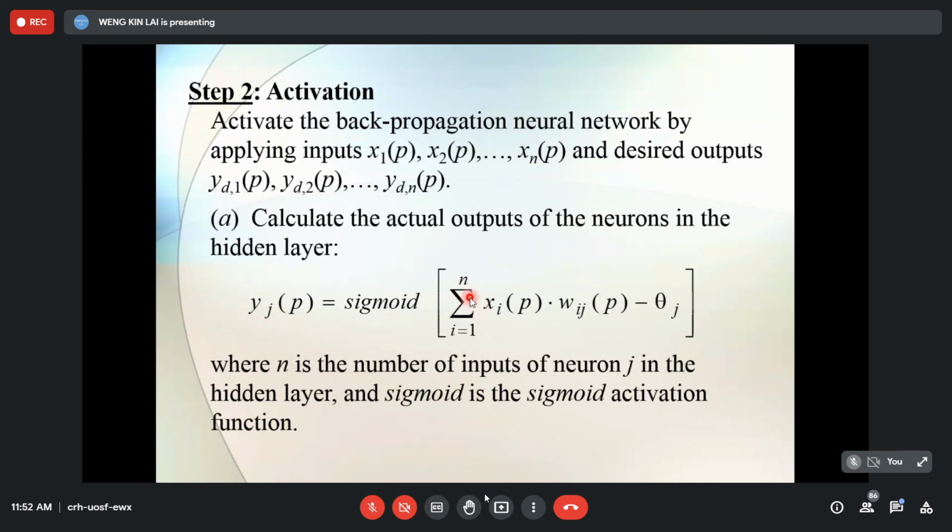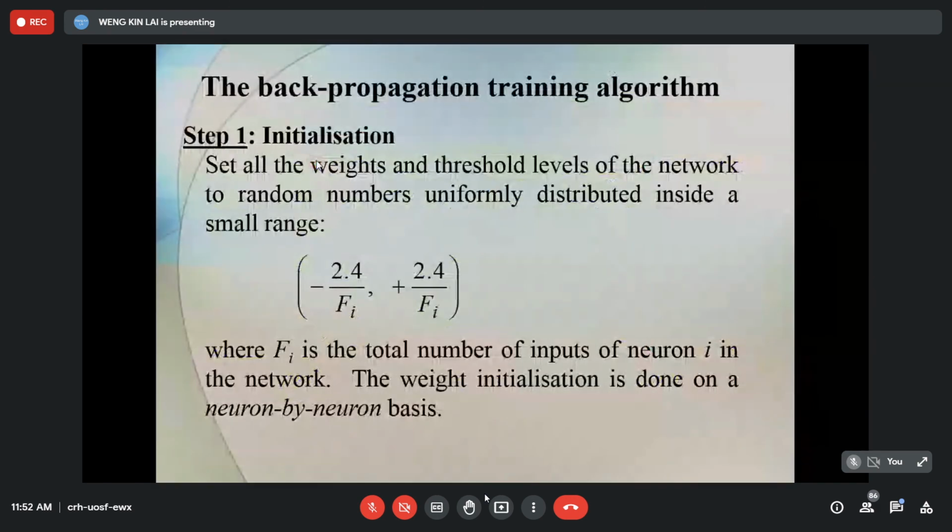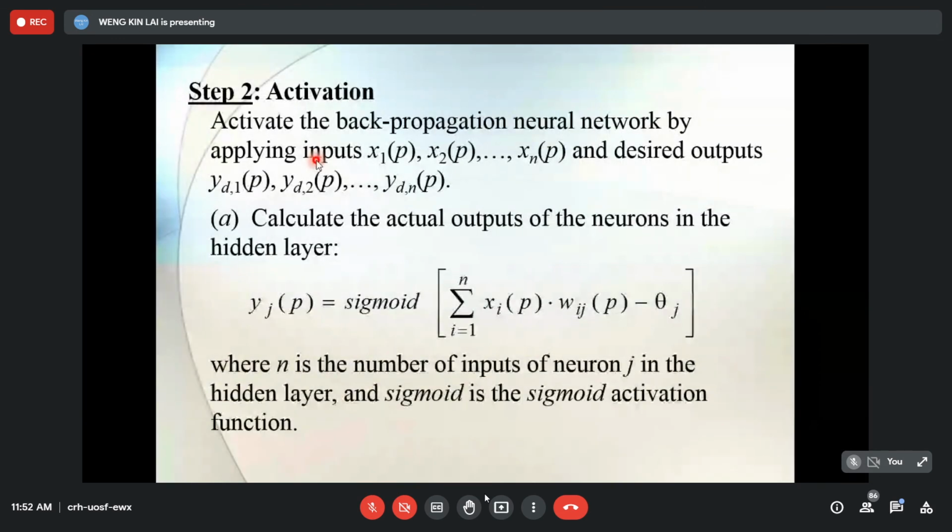Here, n is your number of inputs of the neuron j. So for neuron j, how many inputs are connected to it? You have to calculate the sum of all the weighted inputs, the inputs multiplied by the weights. In this case, your inputs, though it's not stated, may not necessarily be 1 or 0, especially if you're doing something which is not binary. So your inputs need not be 1 or 0.